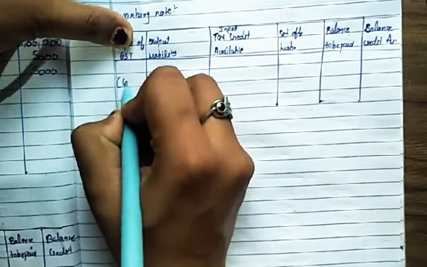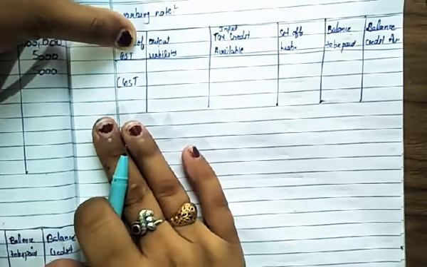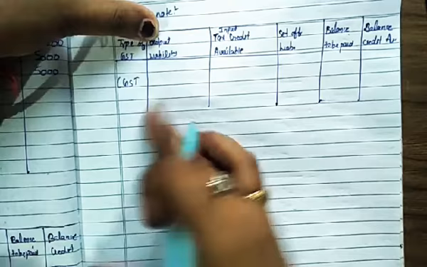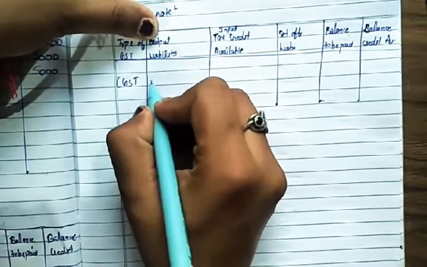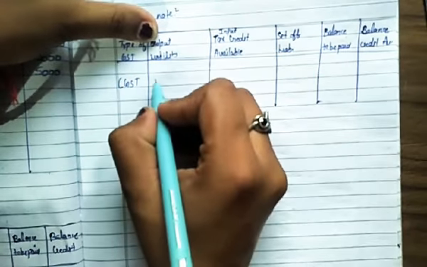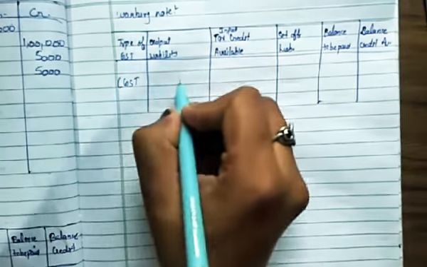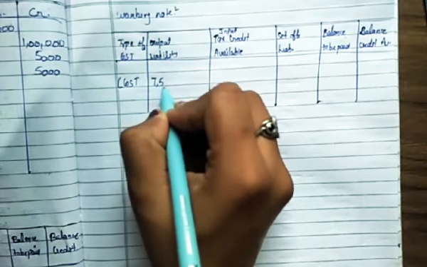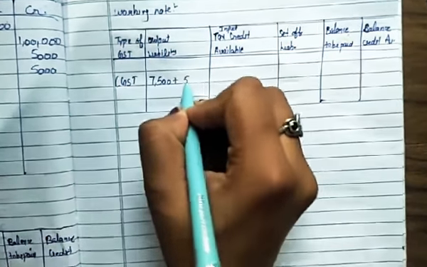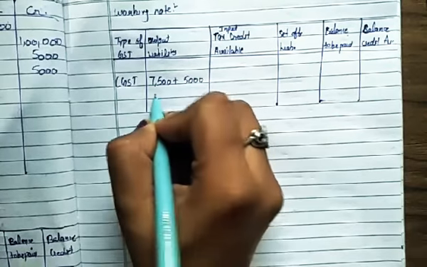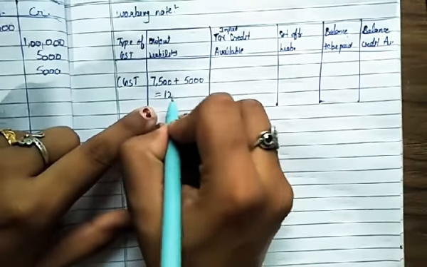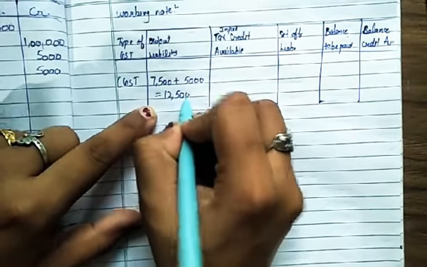So in this column, first of all we write CGST, that is central goods and services tax, then output CGST is 7,500 and 5,000. So the total is 12,500.